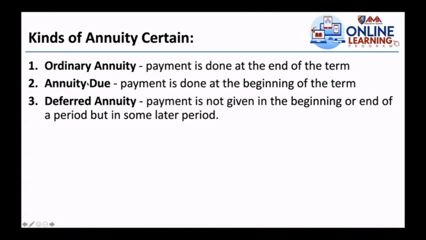It depends. In this one you pay immediately, in this one you pay later. But the later depends on the M. If your M is semi-annually, you will pay after 6 months. For the annuity due, you pay immediately at 0, and then since it is also semi-annually, the second payment is after 6 months, but the first payment is at 0.